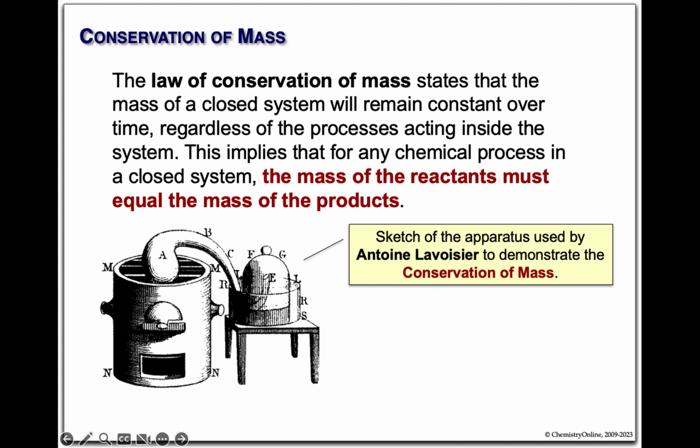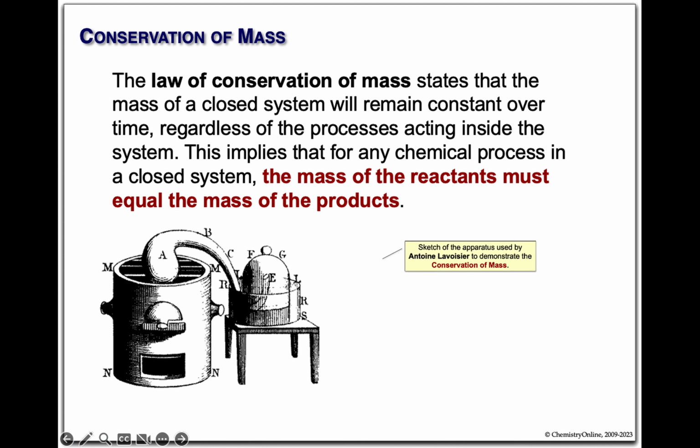This was not evident to chemists in the old days because, you know, you get fire and stuff like that. You got to be losing mass, they thought. Well, you're wrong. It was Lavoisier, a French chemist, who demonstrated the conservation of mass. This guy was actually, for his day, quite brilliant.